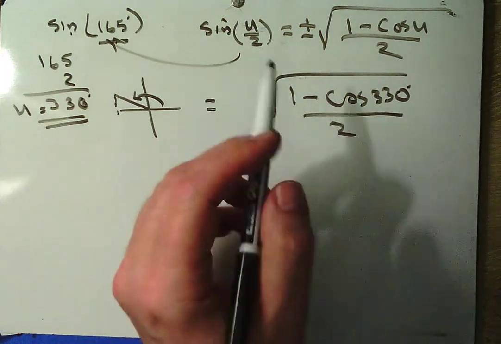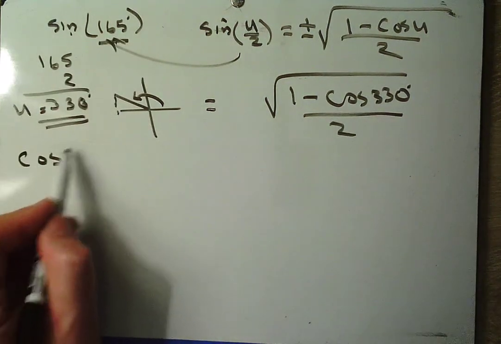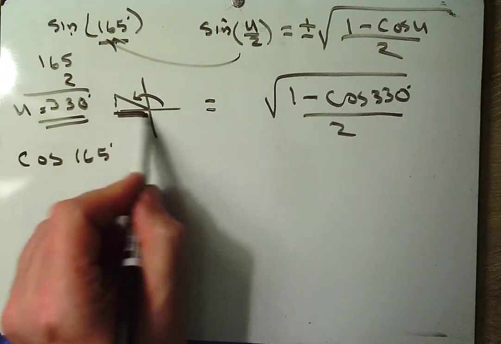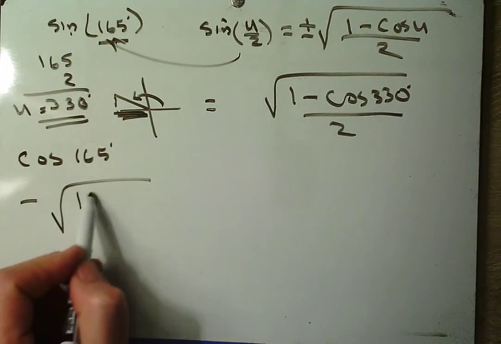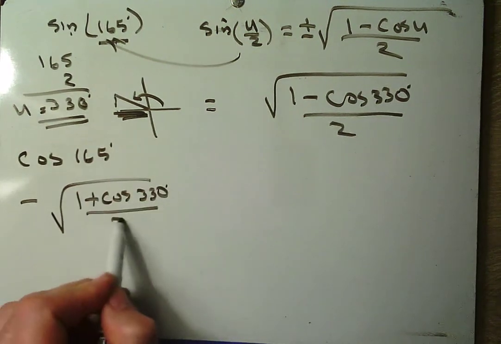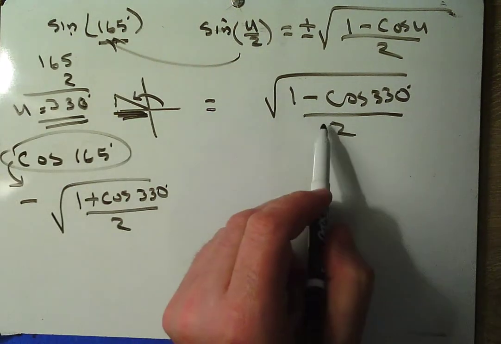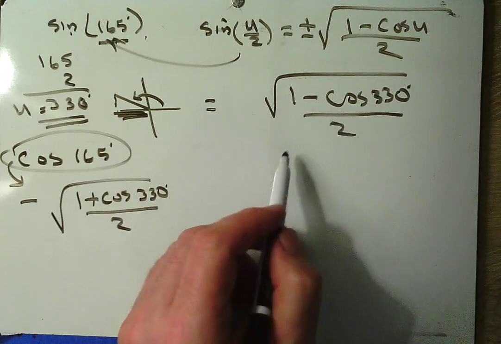Oh. If this had been cosine 165 degrees though, think about that, the cosine over here is negative, and so I would use negative square root of 1 plus cosine 330 over 2. That's how I would set up for this one. But we're doing sine of 165, and so here's my setup.